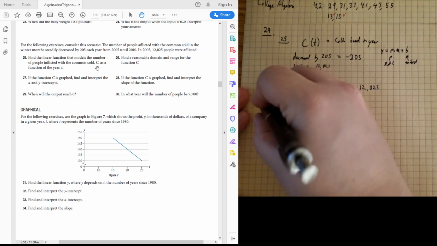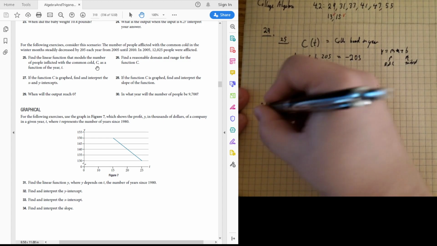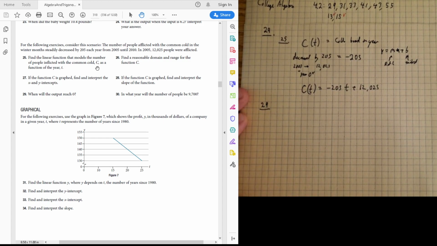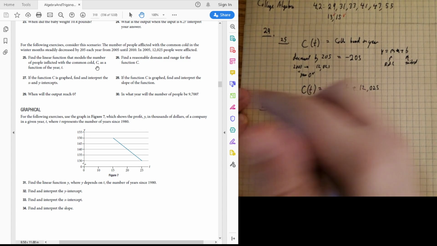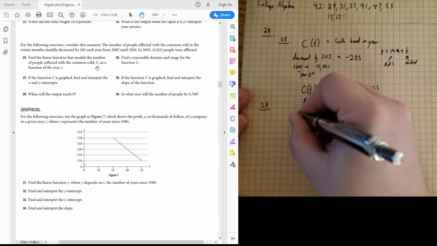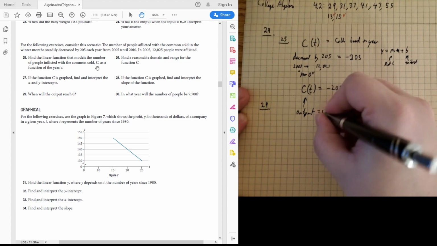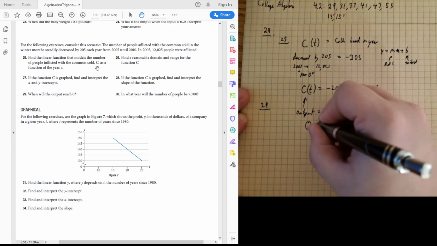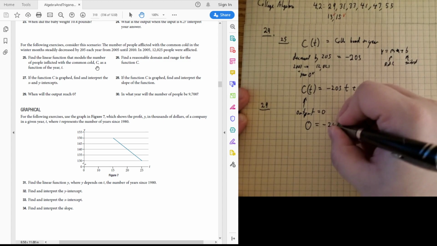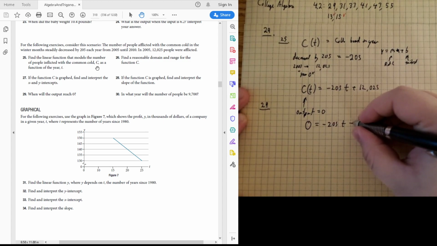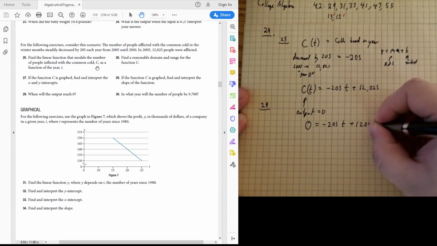Now let's look at 29 specifically. When will the output reach 0? If this is supposed to be our output, and it asks when the output equals 0, we can turn that into an equation: 0 equals negative 205t plus 12,025.